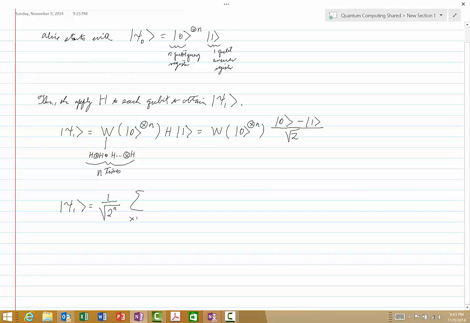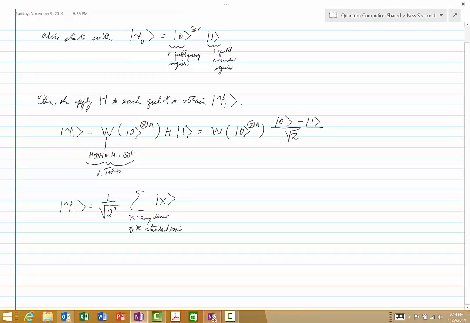I'm going to write this in this way: x is equal to any element of the standard basis, and the summation sign indicates that we're going to sum over all of those. Okay, and we get here x.